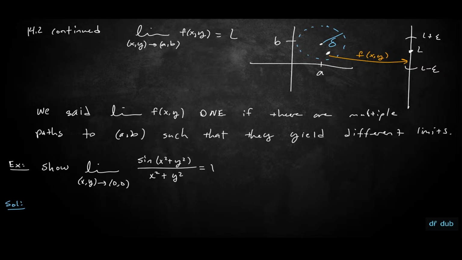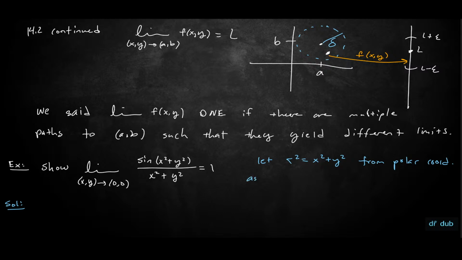And how are we going to do that? We're going to let r squared be equal to x squared plus y squared from polar coordinates. So we're basically going to use polar coordinates here. If we're getting closer and closer to the origin from any direction, that's basically saying r is going to 0. So as x, y both go to 0, that implies that r itself is going to 0.